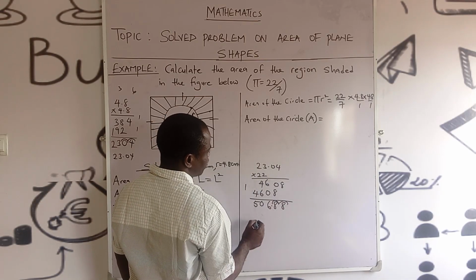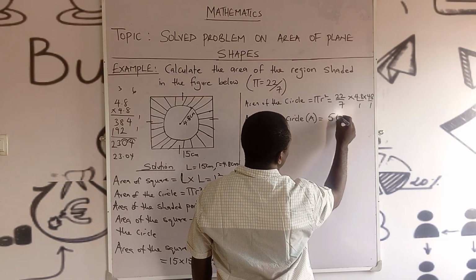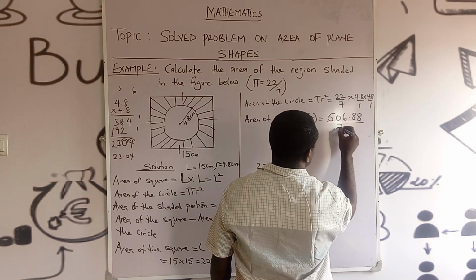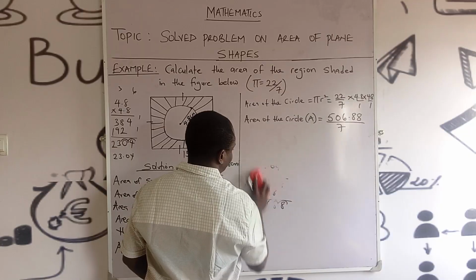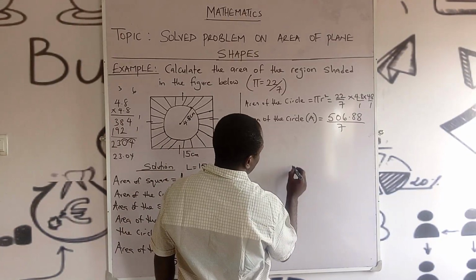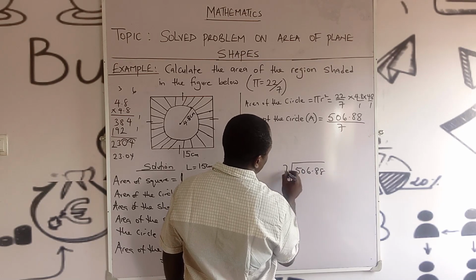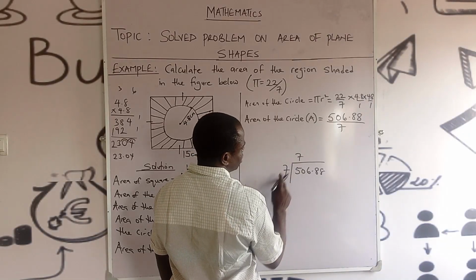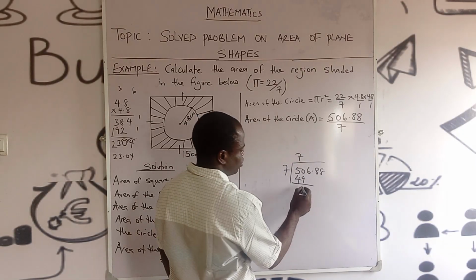You have a decimal. That means that when you multiply the numerator, you have 506.88 divided by 7. That's what we have. Now divide it. 506.88 divided by 7. 7 goes in 50. 7 times 7, 49. 50 minus 49, that's 1.